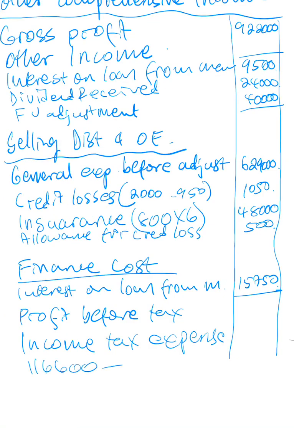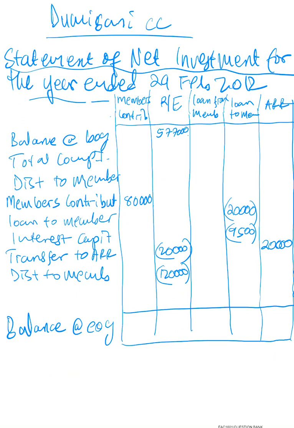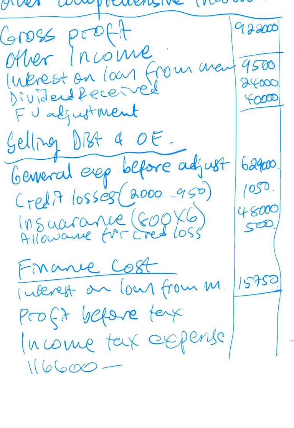We take out what we overpaid by, which is 20,600. So 116.6 minus 20.6 will give us 96,000.